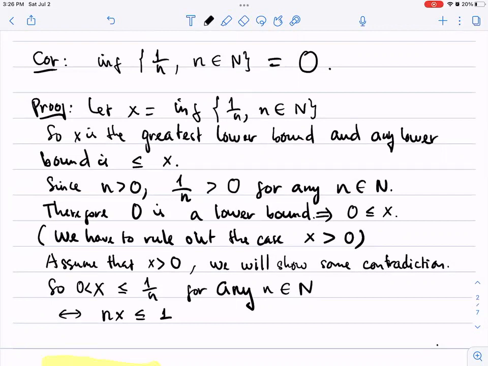Obviously, this set has a lower bound. 0 is a lower bound. Any natural number is a positive number. That's why 1 over n is always bigger than 0. That's why 0 is a lower bound.